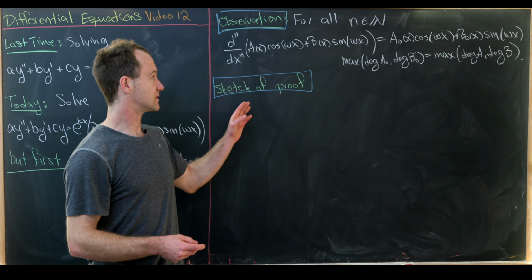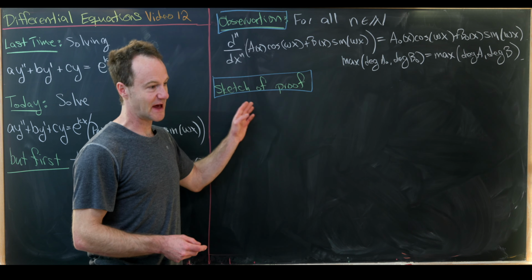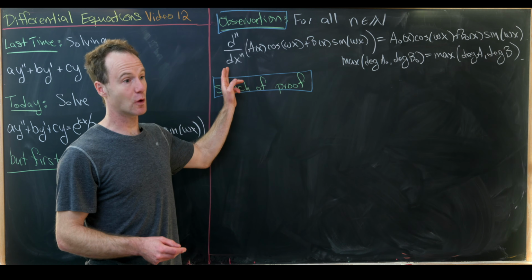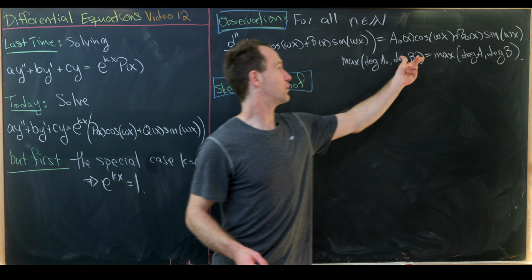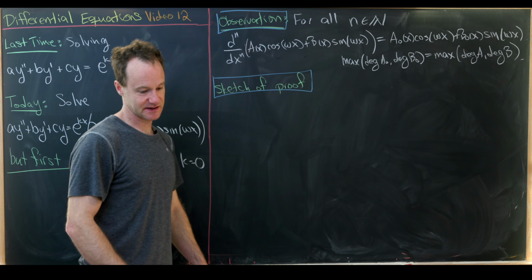So in other words, when we take any order of derivative of an object like this, we end up with another object like this.